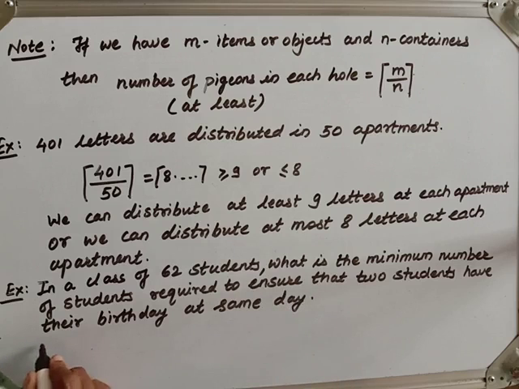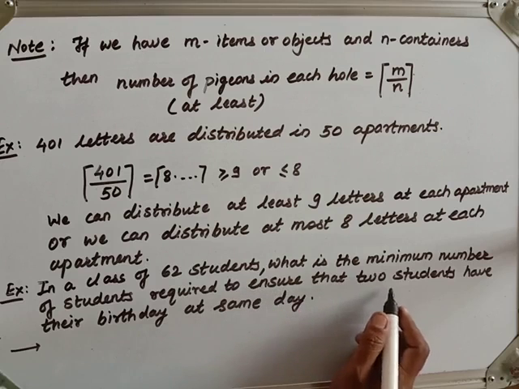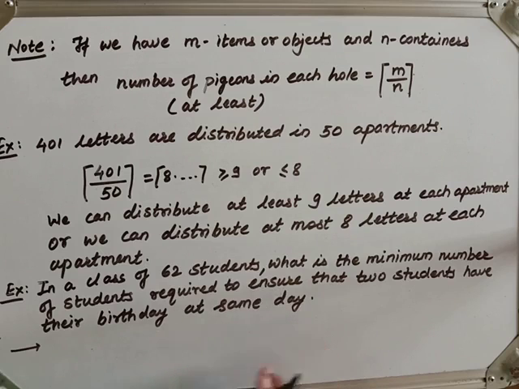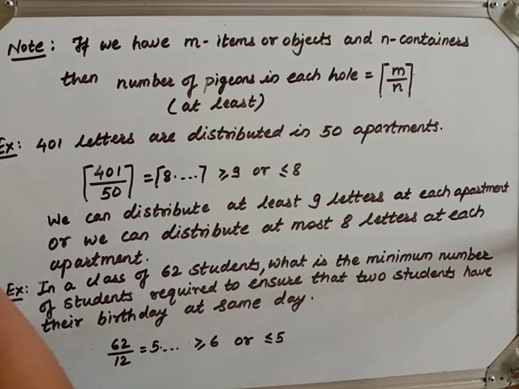Now here, 62 students. If the question is for two students having the birthday in the same month, then we divide 62 by 12. That is 5 point something. So at least 6 students have their birthday in the same month, or at most 5 students in the same month.